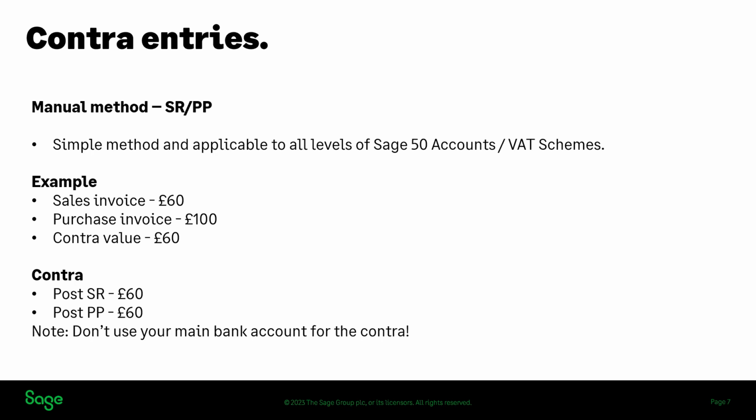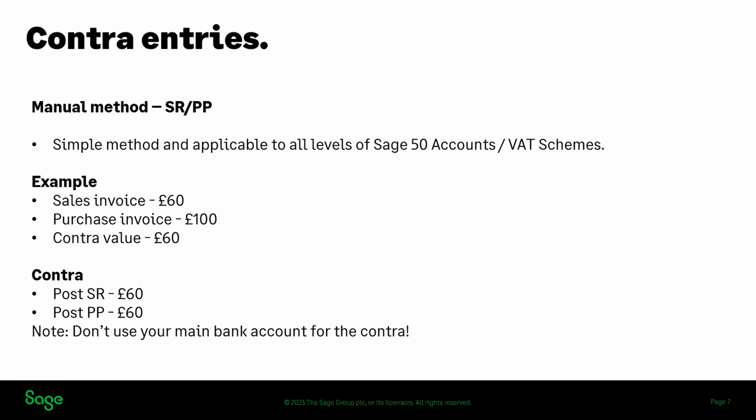So again, using the example I just mentioned, we've got a sales invoice for £60 and a purchase invoice for £100. So the lower of the two values is £60. We would post a customer receipt for 60 and a purchase payment for 60. Then what we'll be left with against the supplier account is that £40. We just pay that off in the normal way.